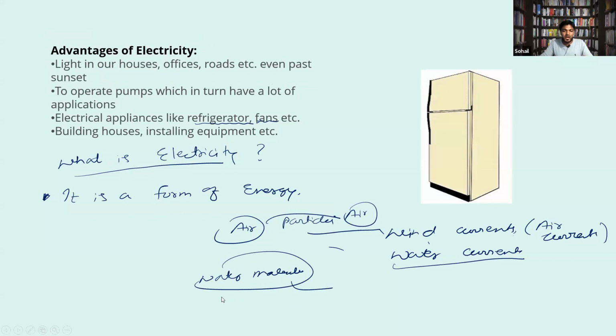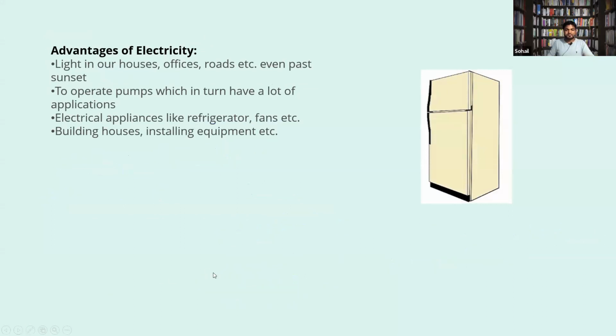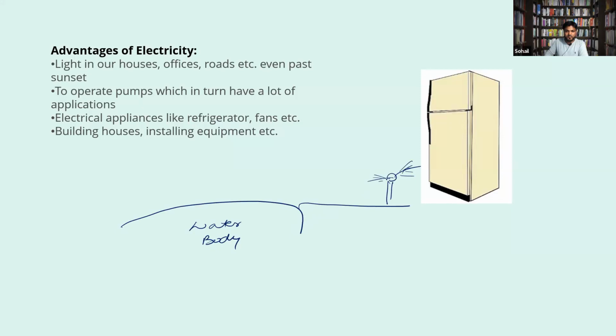The question is how? Look here. We have studied this in the example of land breeze and sea breeze. This is a water body, let's say, and this is the land over here. This is the land mass, the land surface.